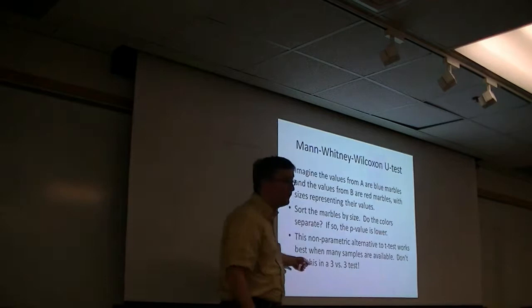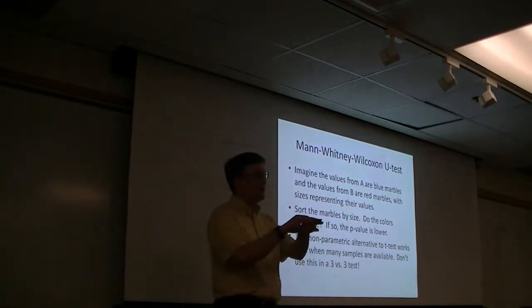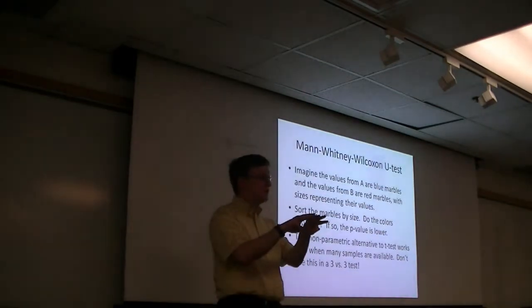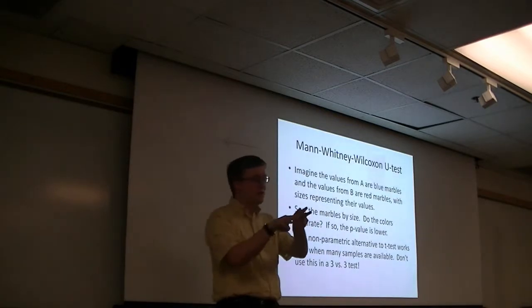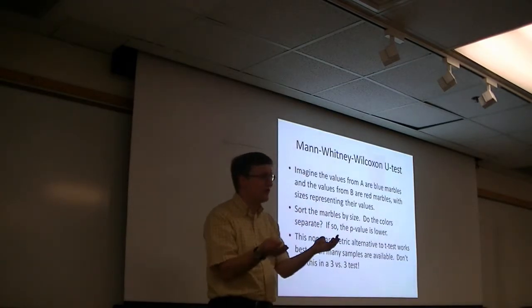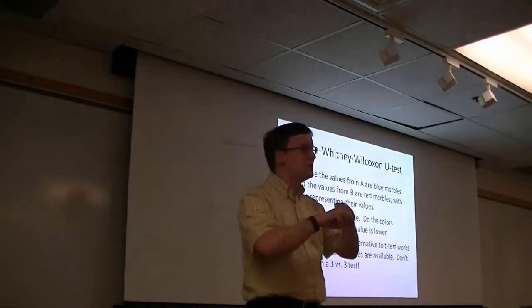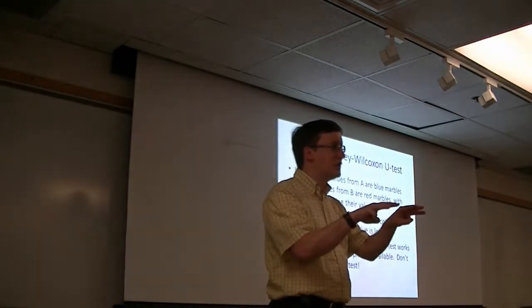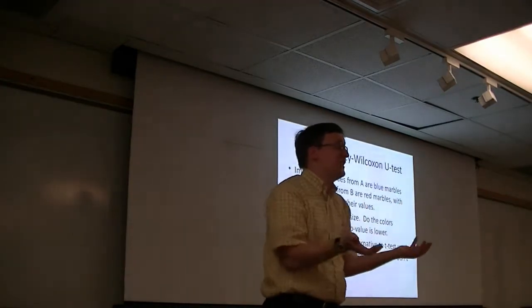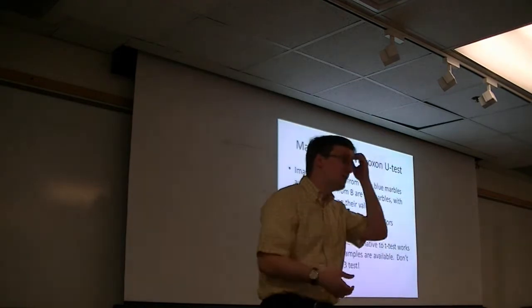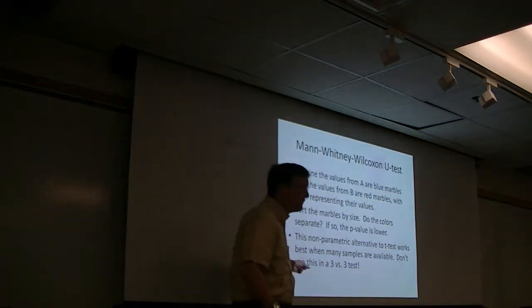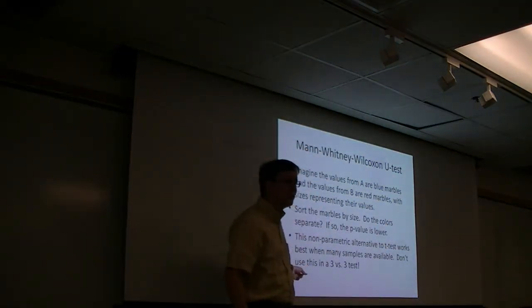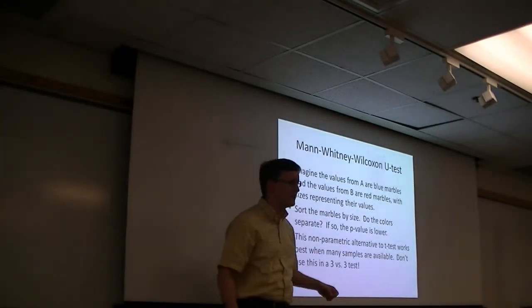And the same is true for a 3 by 3, because even though there are more combinations by which you can squeeze red and blue marbles among each other when you've got 3 of each, the most significant value that you can achieve is just not that low a p-value. So I would really suggest that you have at least 5 versus 5 if you're going to make use of a non-parametric test like this.